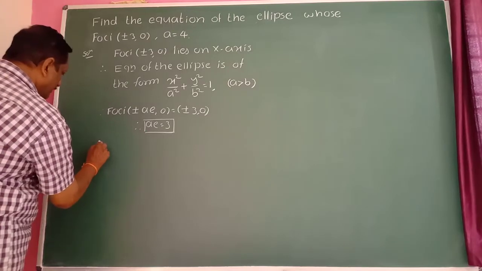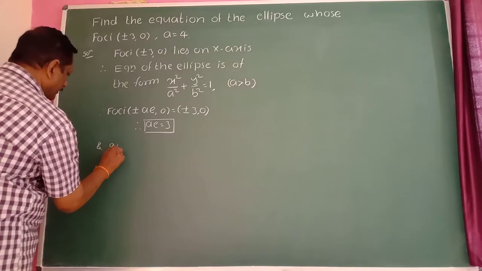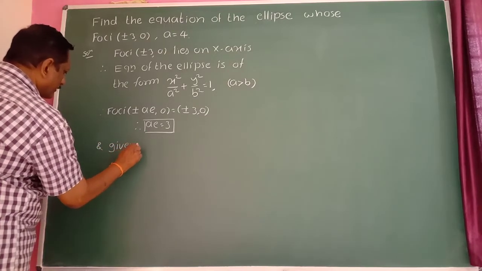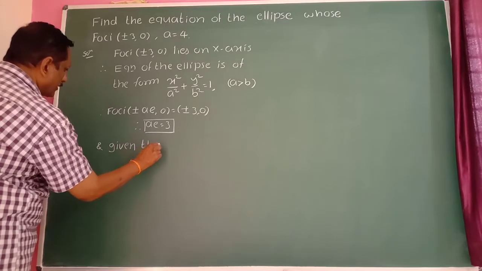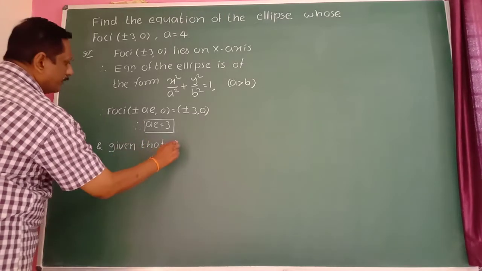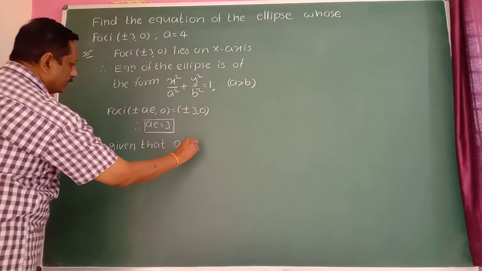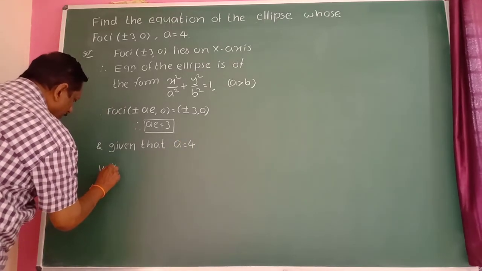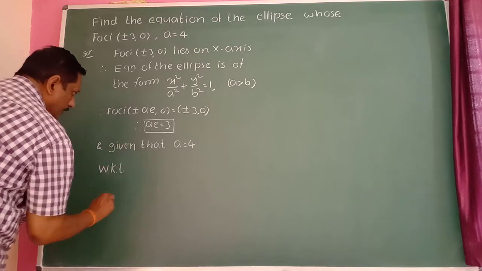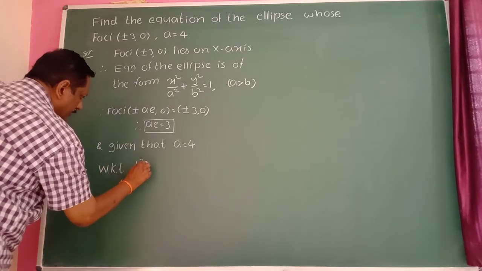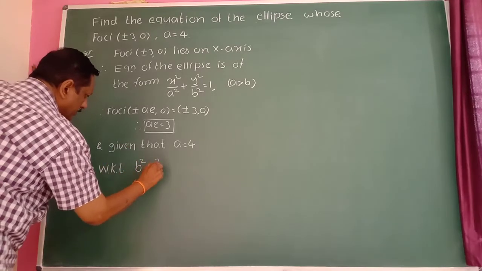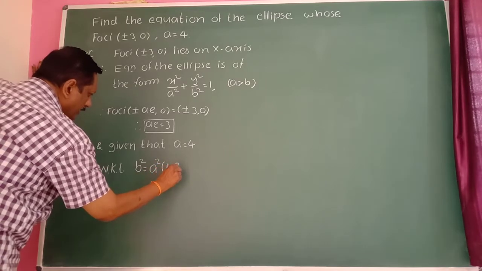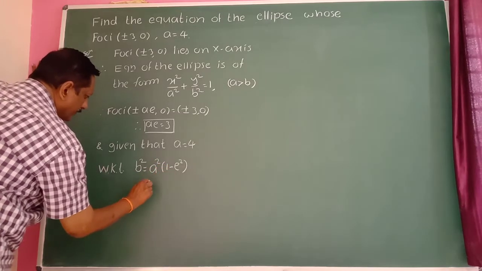And given that a value 4 here, therefore we know that b square is equal to a square into 1 minus e square here.